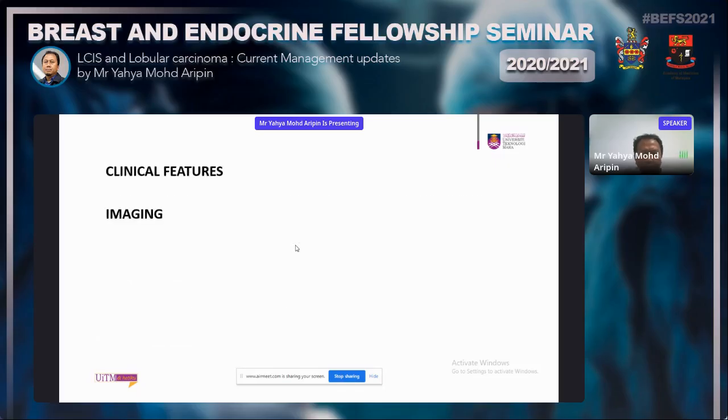So what about the clinical features and imaging of LCIS? Are there any specific features in imaging? So what are they? No, there is none. We couldn't find any specific findings when we examine the patients, and also there are no specific signs in the imaging, whether it is ultrasound or mammogram.